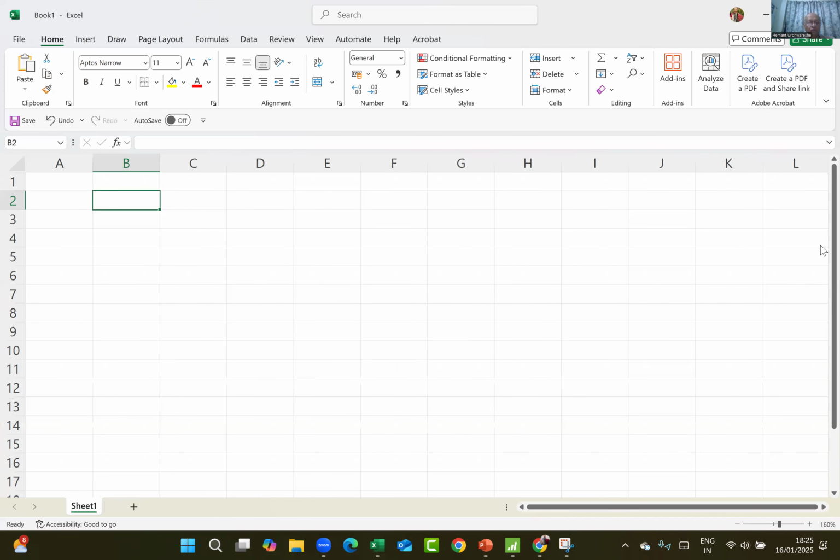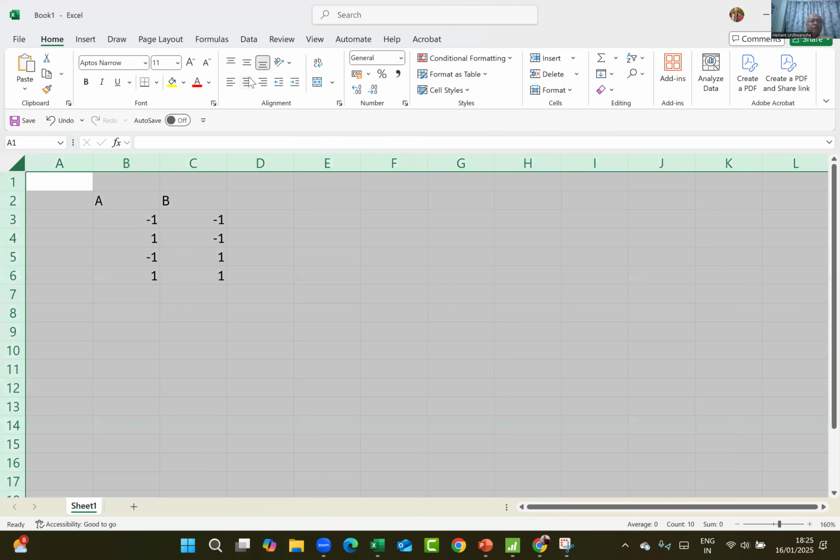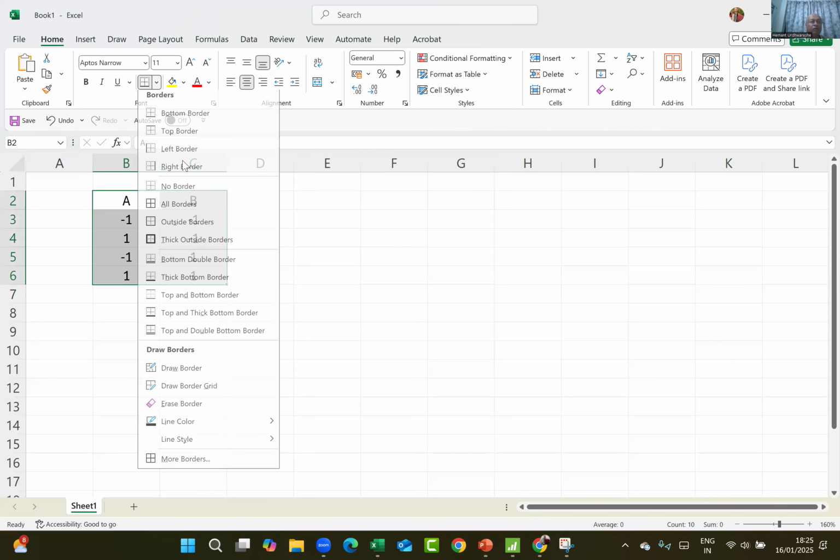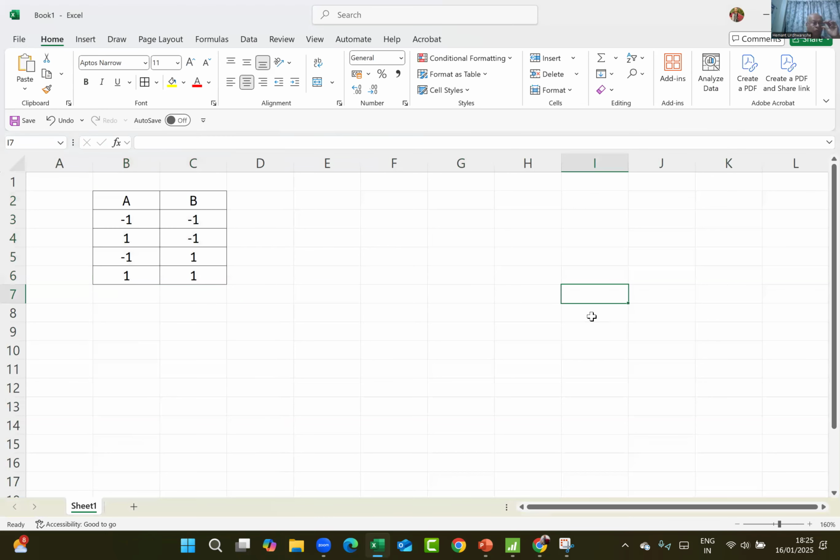Now let us say you have a 2 to the power 2 design and it has got two factors, A and B, and a single replicate of this will have B as low, low, high, high, and A also low, high, low, high. So this is a design that you have in a single replicate of the 2 to the power 2 design.